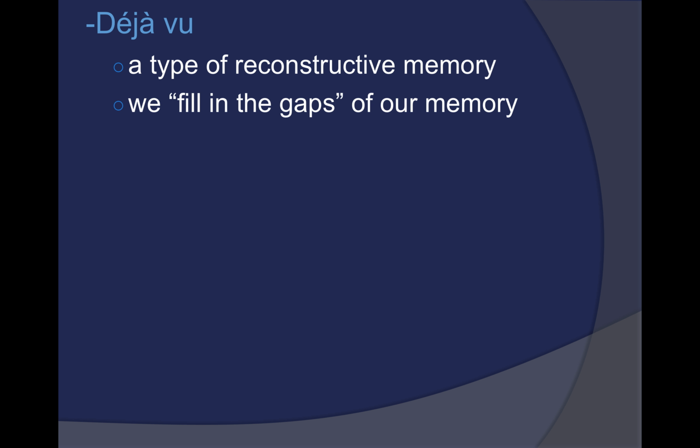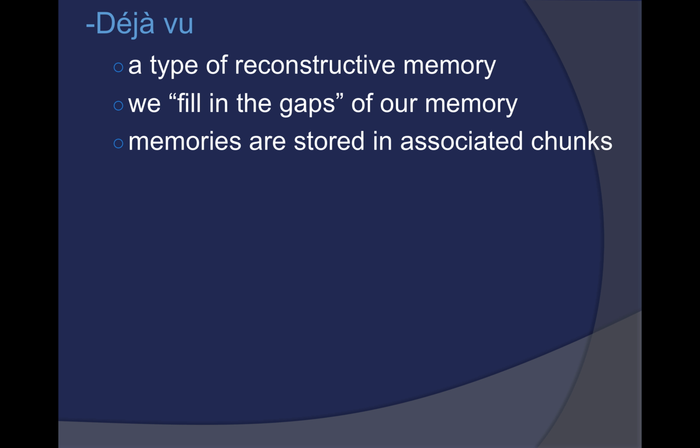And finally, in short-term memory, there's déjà vu. This is reconstructive memory, which means you're kind of filling in the gaps of memory. Memories are stored in associated chunks, and you can be in a situation where your memory is fooled. For instance, most of us have met someone for the first time, and intellectually you know it's for the first time, but you get this weird feeling you've met them before.